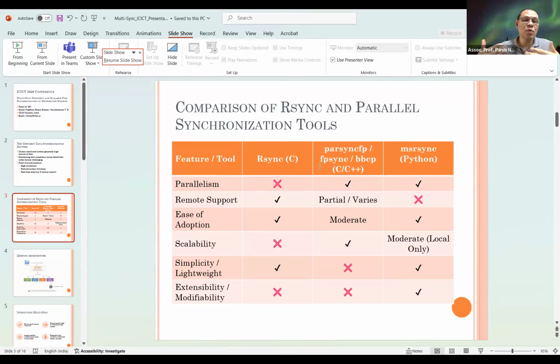Yes, rsync is just one process and one thread. But with MSRsync, you can specify as many as you want. That is not fair, because rsync can be implemented with as many as you want as well. That is why it is not fair in your comparison.